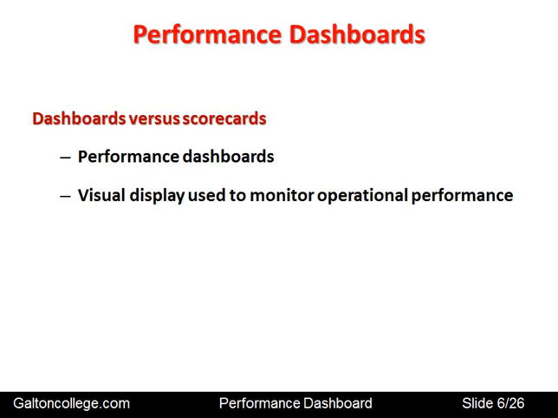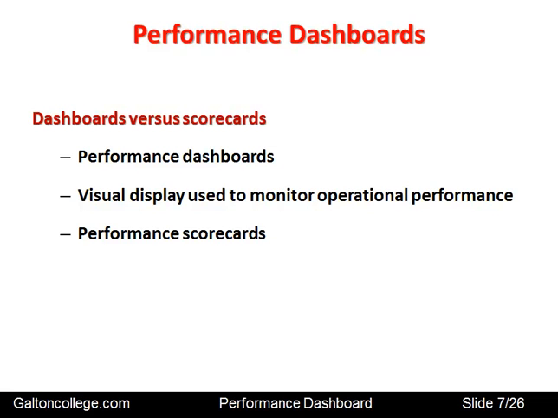So it's a visual display used to monitor operational performance. It's graphical. It's a picture or a set of pictures or charts or graphs, or it's some way of presenting the information very easily understood, very straightforward, with straightforward indicators.